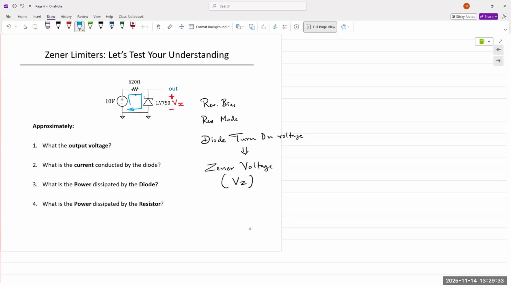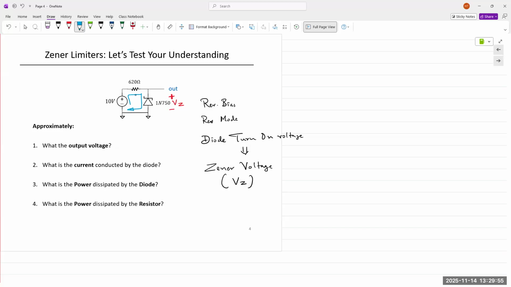You're applying a 10 volt supply to the Zener diode via the resistor. Once the voltage crosses the turn on voltage, which is 4.7 volts, the Zener diode will start conducting, current will start to flow. If it's below 4.7, the diode will not turn on. That's all it means.